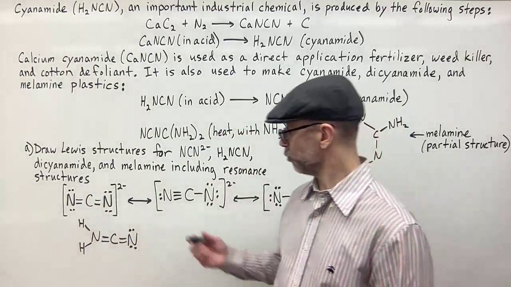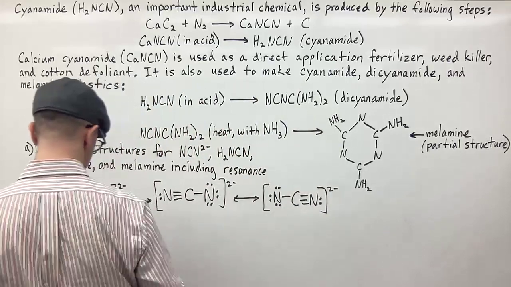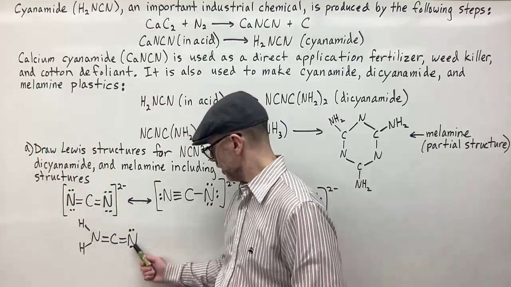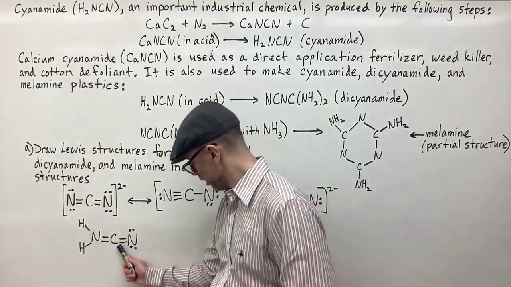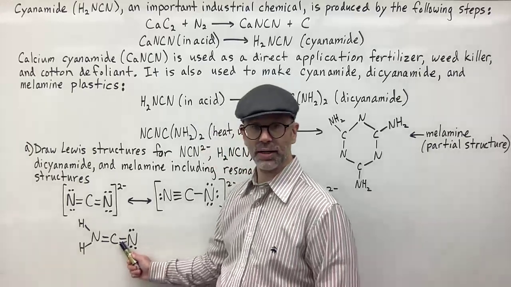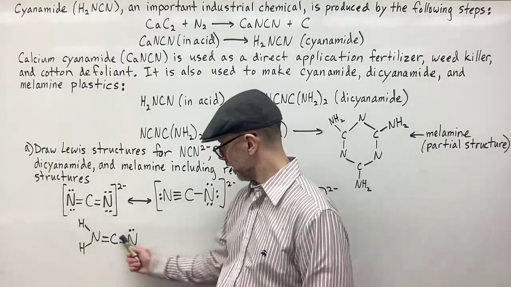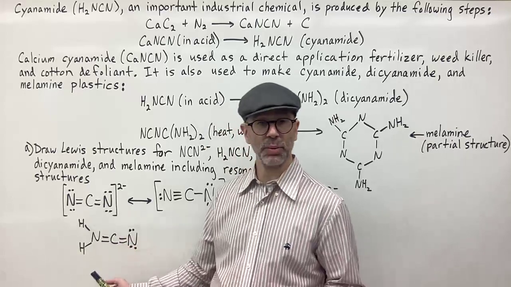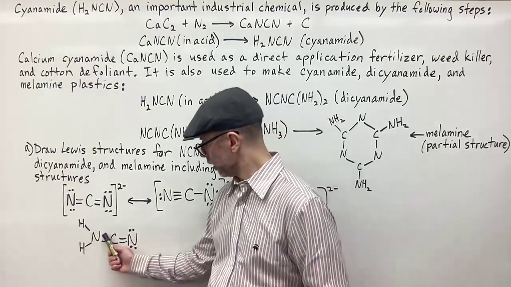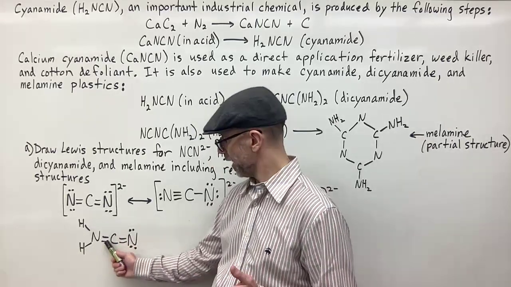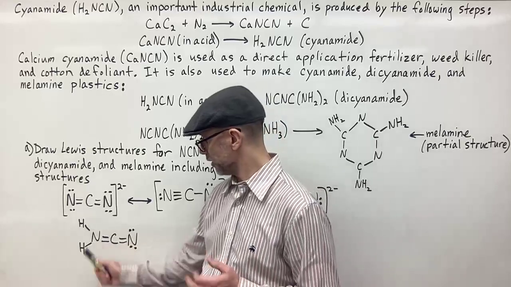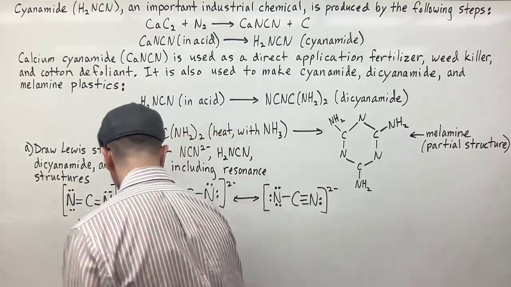Again, this can have resonance because the electrons here can push over here to form a triple bond between the carbon and nitrogen here. Because carbon can only have 4 bonds, one of these bonds is going to have to break, and the electrons are going to be pushed onto the nitrogen, like so.